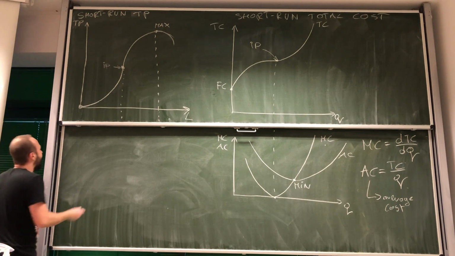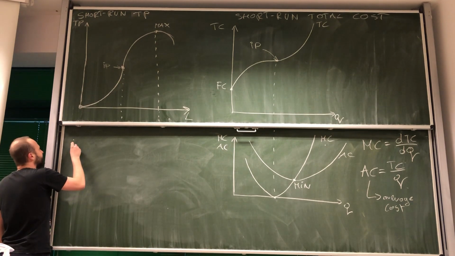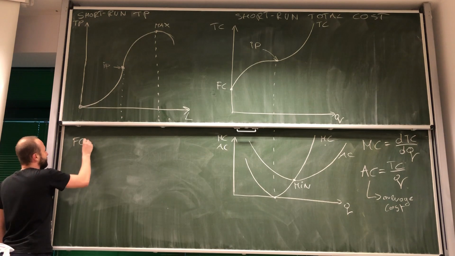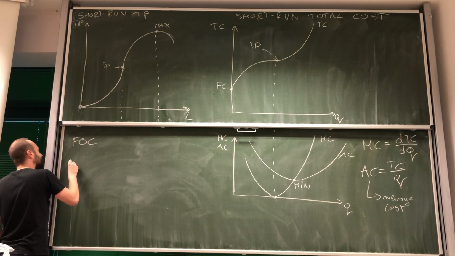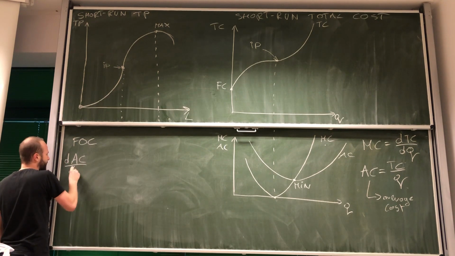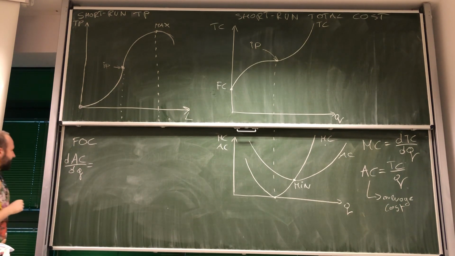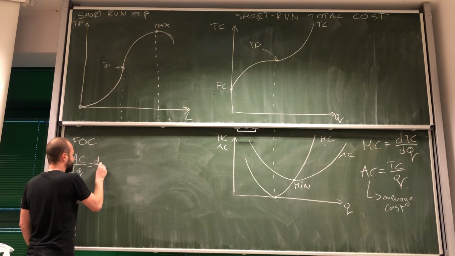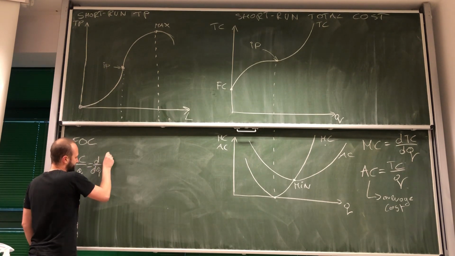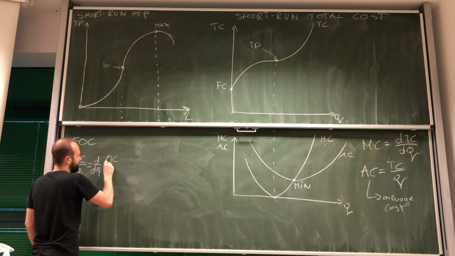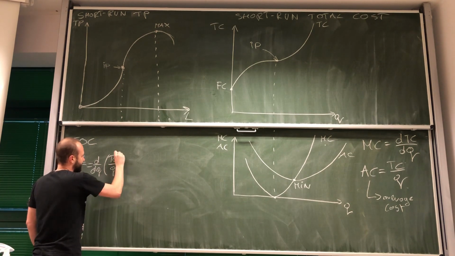So look, I want to take with first order condition, I want to calculate first derivative of average cost with respect to quantity. So, what am I doing now? I'm differentiating total cost with respect to quantity.